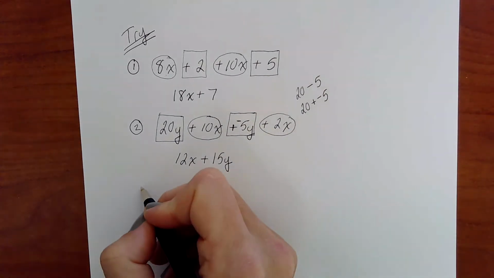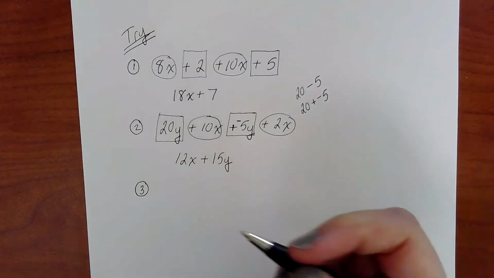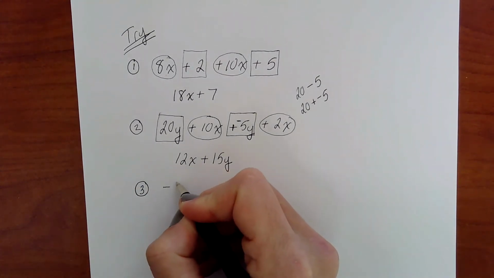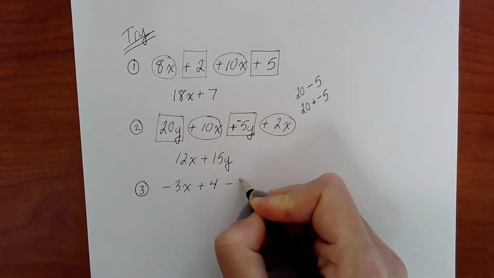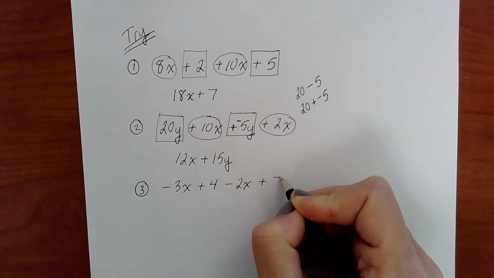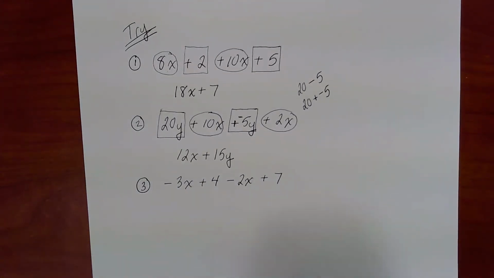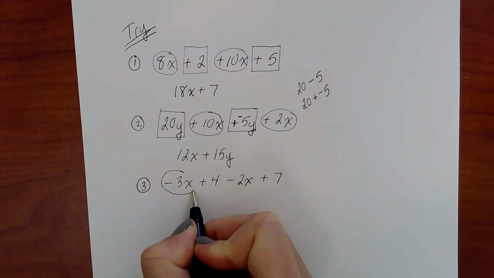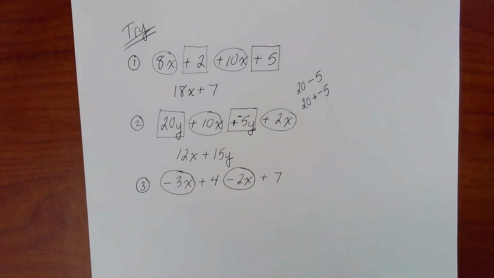Let me show you another example. It might make more sense to do it my way here. Let's say it was negative 3x plus 4 minus 2x plus 7. All right, if we do the x's first, that's a negative 3x, and I'm thinking with a negative 2x. So in my head, I'm thinking negative 3x plus a negative 2x.